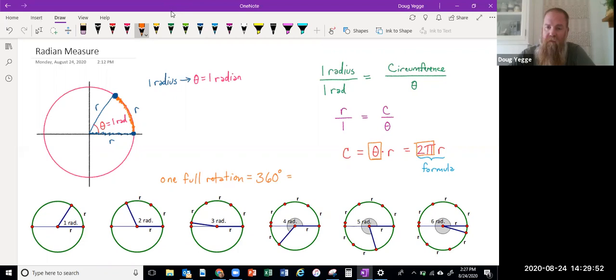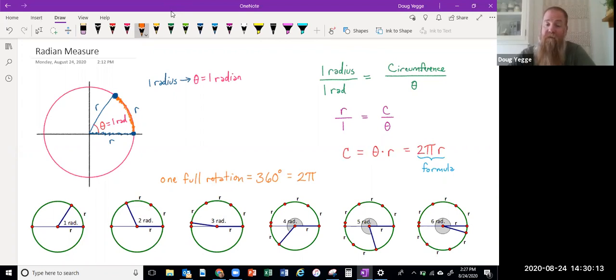So notice that what we're recognizing here is that 360 degrees is equal to 2 pi radians. Now we don't have to write the word rad after it. If there is no degree symbol, then that implies that we are in terms of radians.